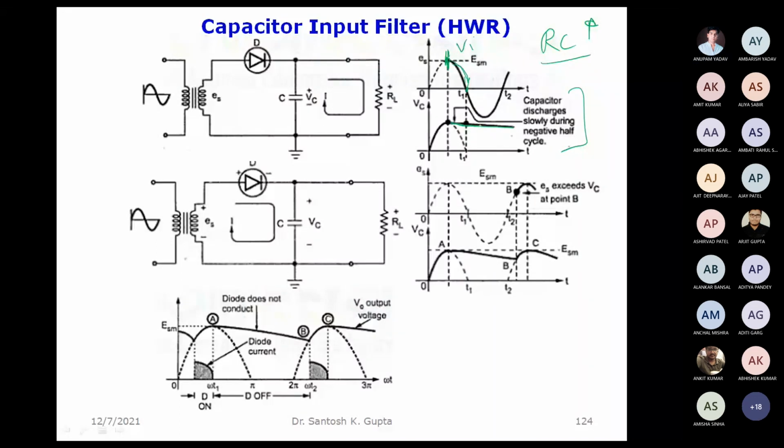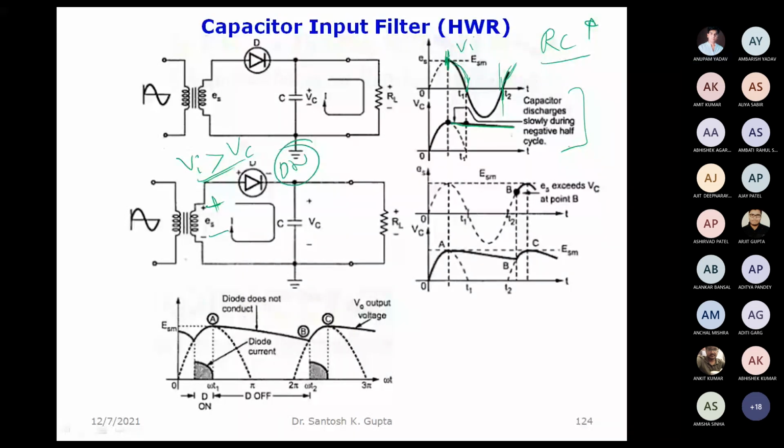By the time the first negative half cycle ends here and the second positive half cycle starts, we have a signal at the input with this polarity. Now the condition: if Vi is greater than Vc, then this diode will become on. So we have to see this condition. There is some discharging value here.